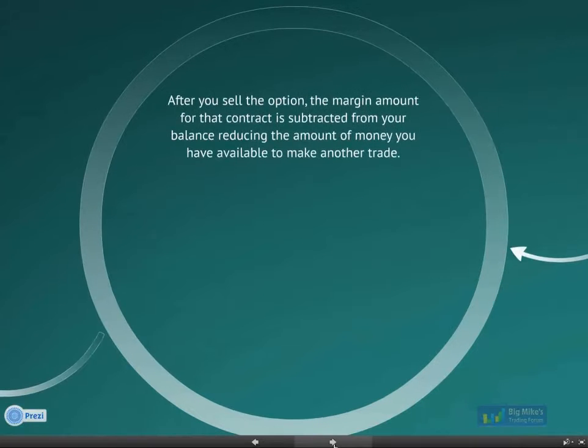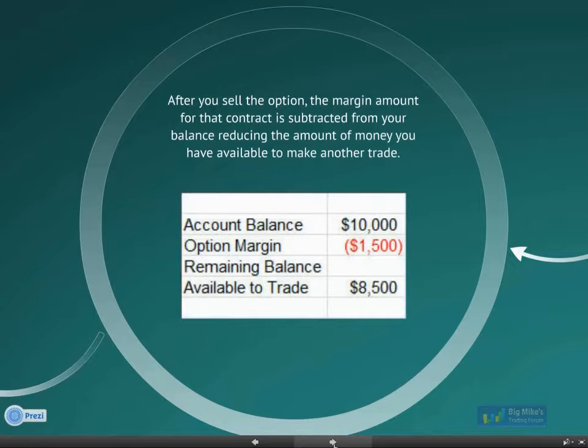After you sell the option, the margin amount for that contract is subtracted from your balance, reducing the amount of money you have available to make another trade. In this example here, the person had $10,000 in his account. The margin required for the position he had on was $1,500, so that left him with $8,500 available to sell more options. It's subtracted right from your balance.